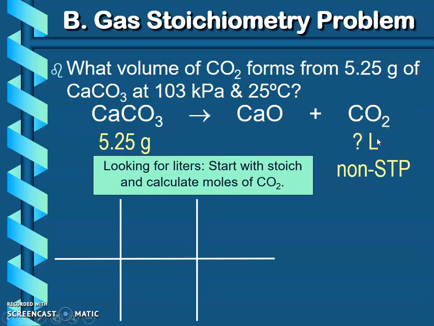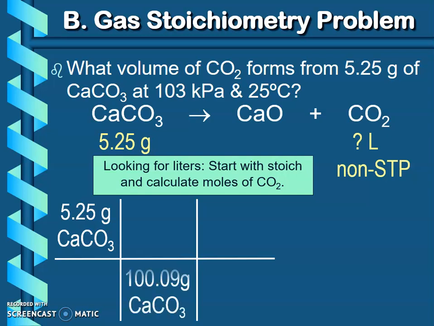So using stoichiometry, start with what we know, 5.25 grams of the calcium carbonate. Now I need to get this into moles, so how do I go from grams to moles? I use my molar mass, which is 100.09. Where did that number come from?